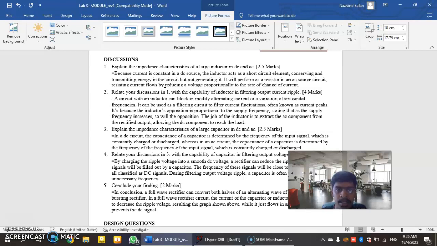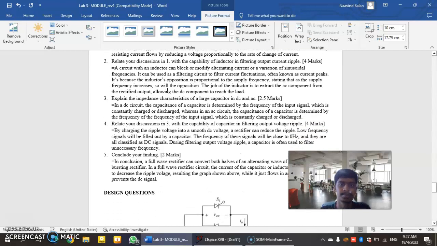It can be used as a filtering circuit to filter current fluctuations, often known as a current peak, because inductor reactance is proportional to the supply frequency, at the rectifier output, allowing the DC component to reach the load.